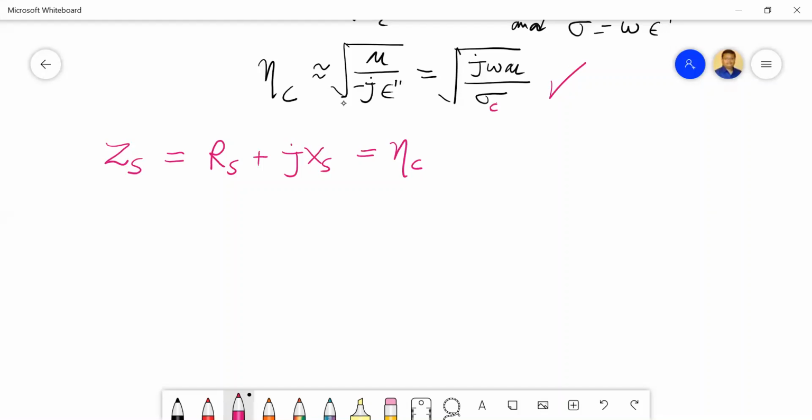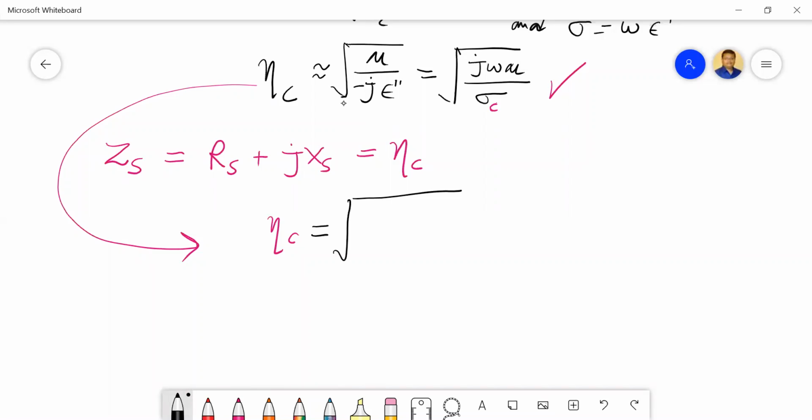So let us recall these things again, and we can rewrite it as the square root of 2 pi j f mu C divided by sigma C. What we did actually was expand omega as 2 pi f.